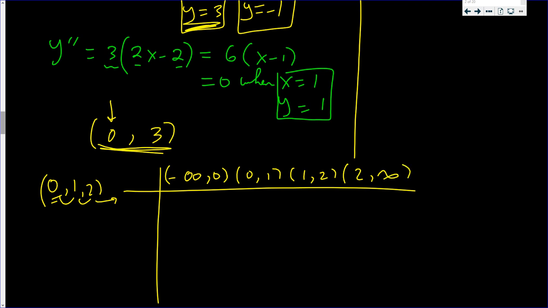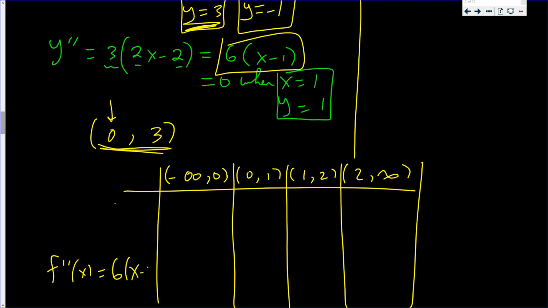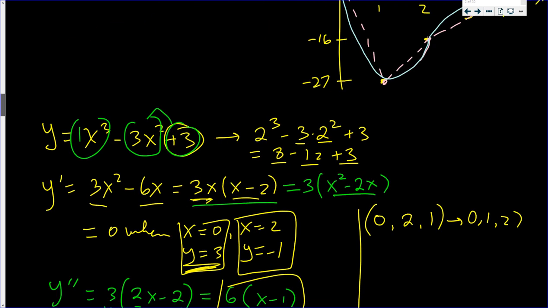And we want to investigate the plus and minus signs of the first derivative and the second derivative. The second derivative happens to be right here. F double prime of x is 6 times x minus 1. And the first derivative is, well, it is what it is.